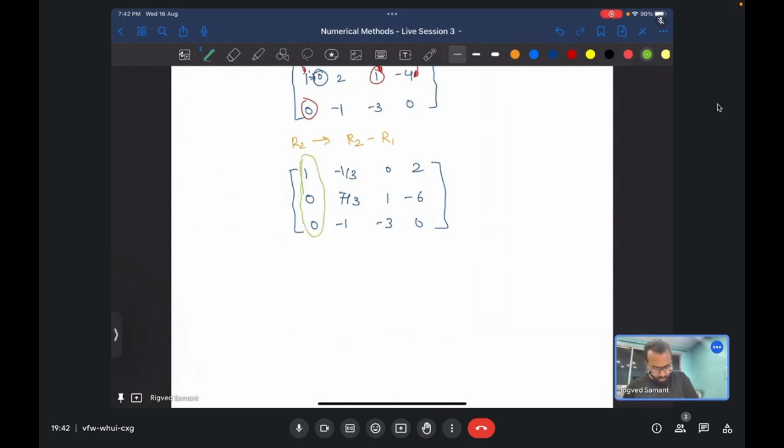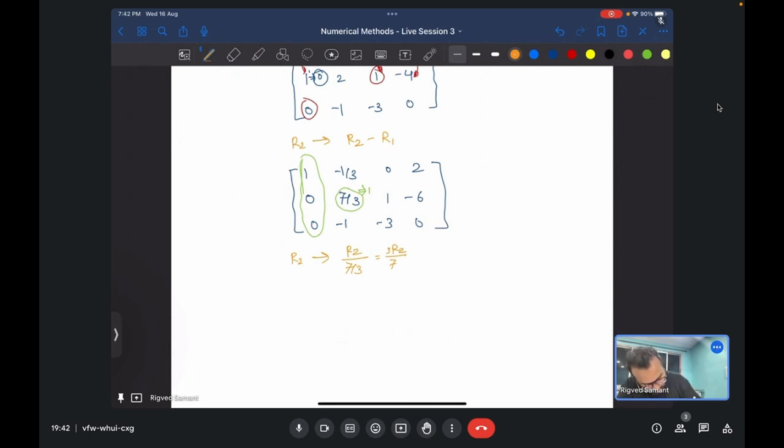Now our focus shifts to the second pivot element, that is this one. So in Thomas algorithm, first we will make this equal to 1. That is what Thomas algorithm says. So R2 would be R2 divided by 7 by 3, which is nothing but 3R2 divided by 7.